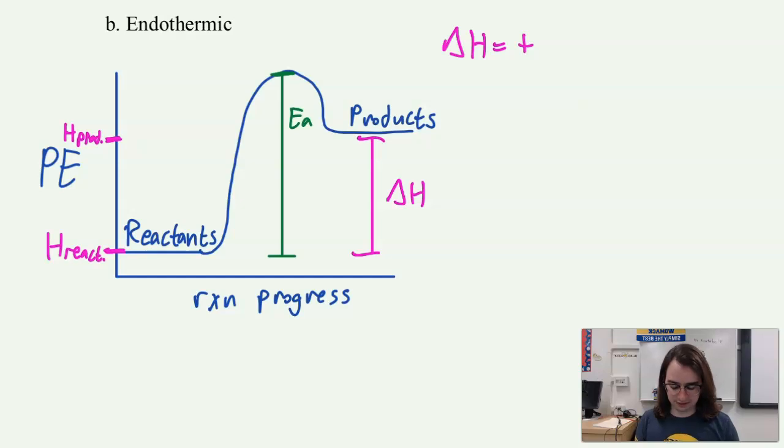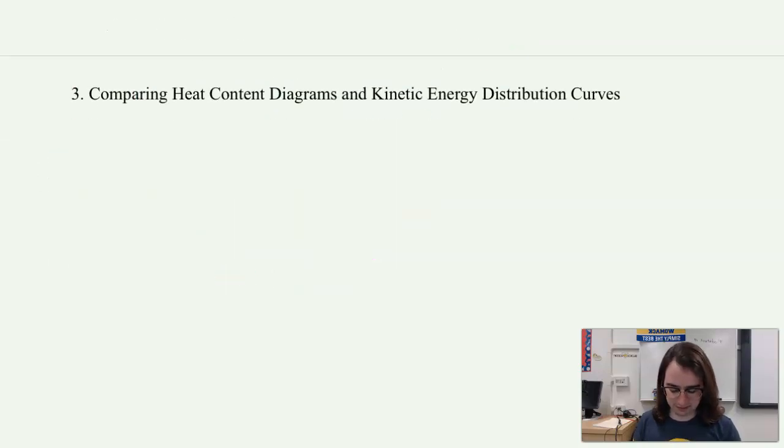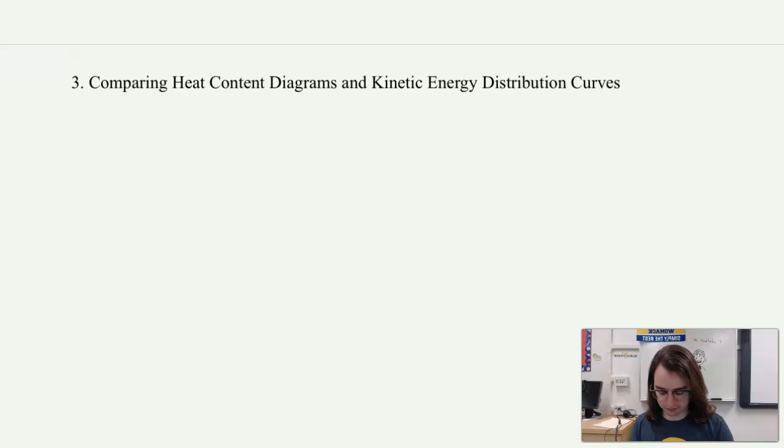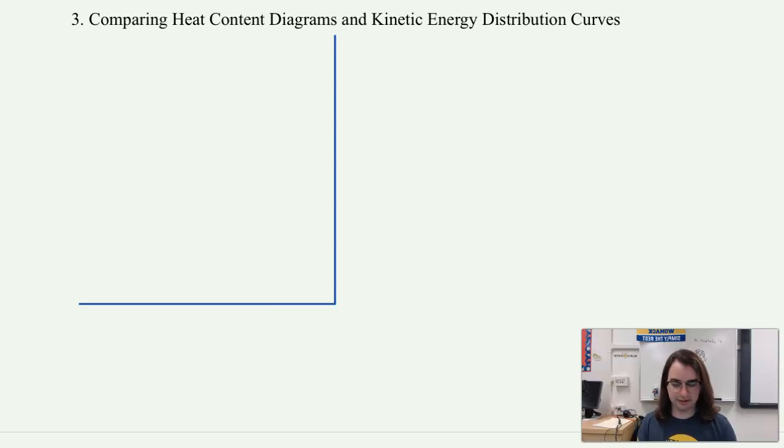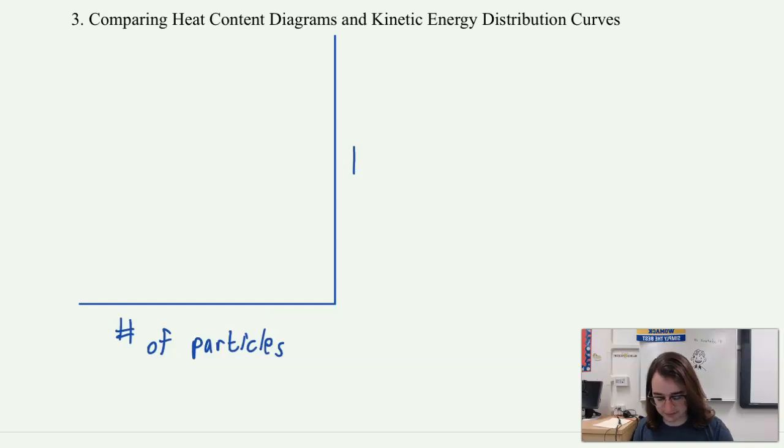Now we can take these graphs and we can actually compare them to our heat content diagrams that we drew before. So let's take a kinetic energy distribution curve. What I'm going to do is take my kinetic energy distribution curve and flip it on its side. This is kind of weird, but the reason I'm doing this is because I want kinetic energy to be on this side.